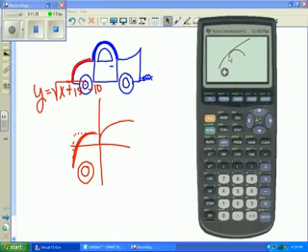So I'm going to go to y equals and try maybe just 3 for my A value. Let's see what that does.